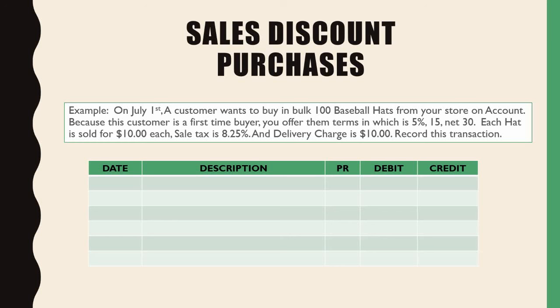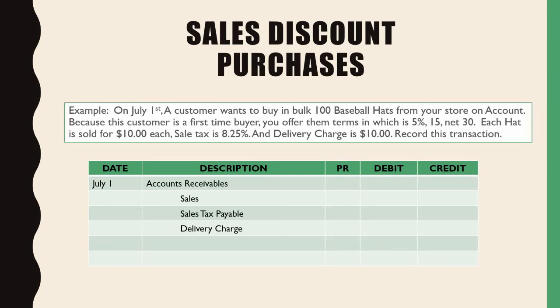So in this case, we're going to record the sales exactly the way it should be, because terms is a condition. The customer must pay in order for them to receive the discount. So our assumption here is that they're going to owe me for the full amount, okay? So let's talk about what those price points are.